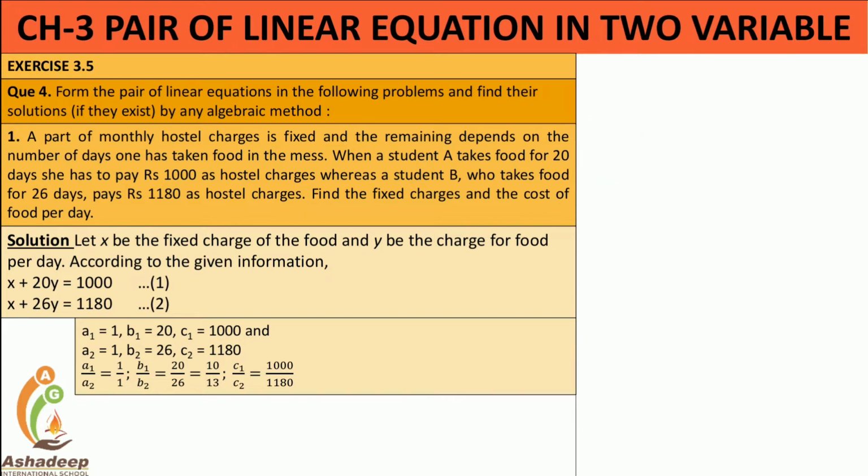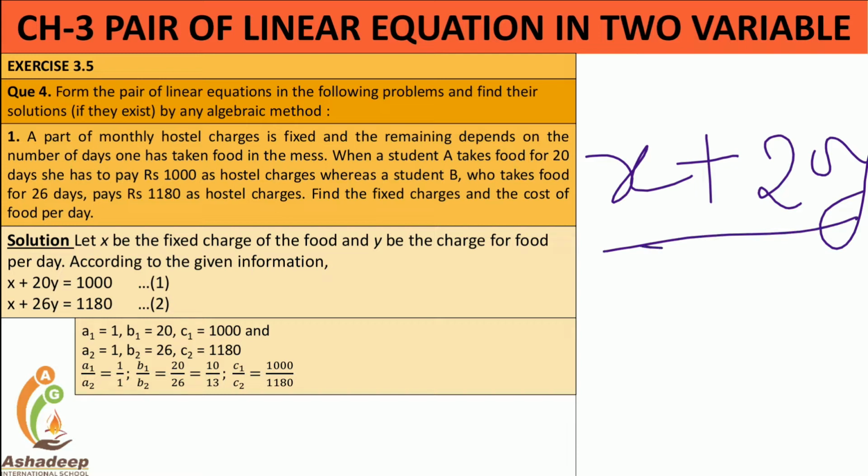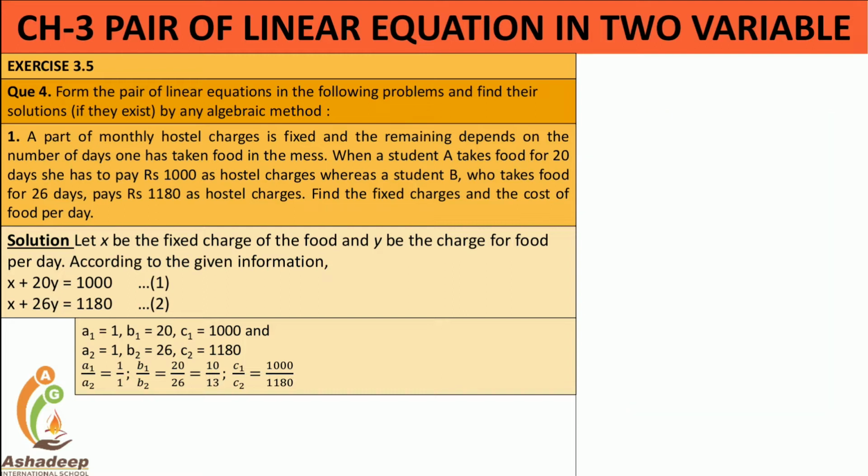But instead, let the per day charge be Y. If he stays for 20 days, he needs to pay 20Y rupees. So the fixed charge X plus the per day charges 20Y, and the total he needs to pay is rupees 1,000. So we have the equation X plus 20Y is equal to 1,000. Here is the first equation.